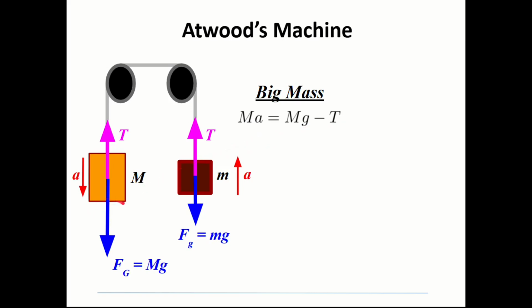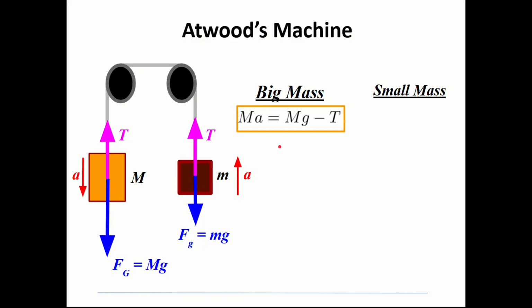Why do we treat the weight as positive? Well, the weight, the blue vector, is aligned with the red vector, the acceleration. And then the tension is opposite the direction of the acceleration. I'll just box that one up.